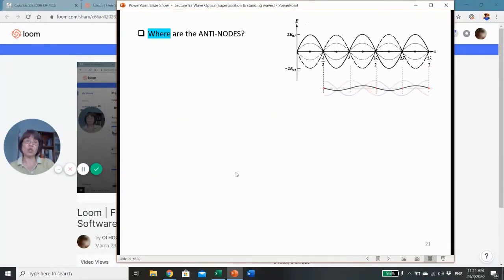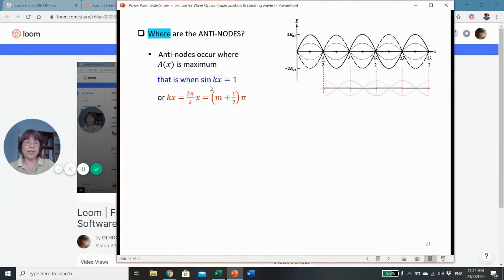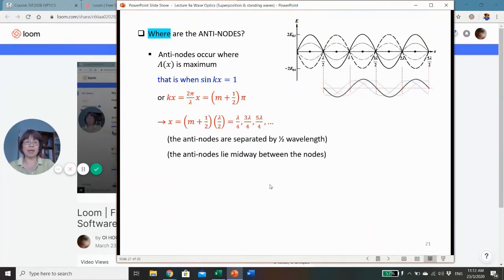Now, the next question is, where are the antinodes? Antinodes occur when sine kx is equal to 1. So that occurs when kx is equal to half multiples of pi. Substituting k with 2 pi over lambda, x will be at m plus half of half lambda.